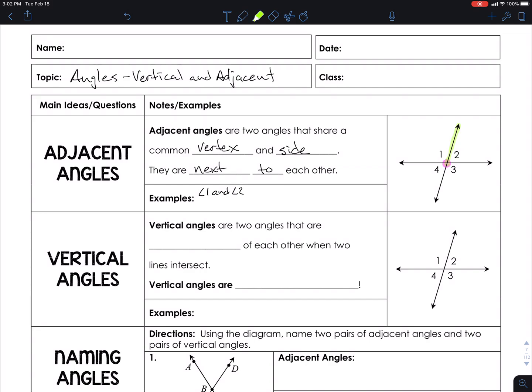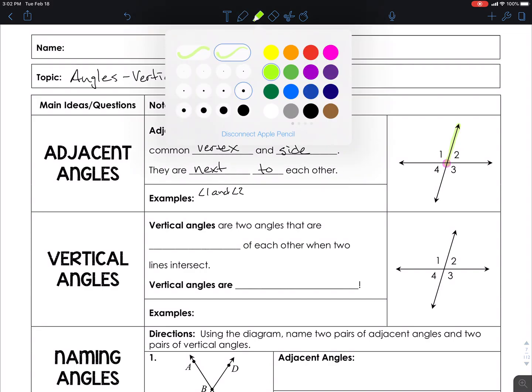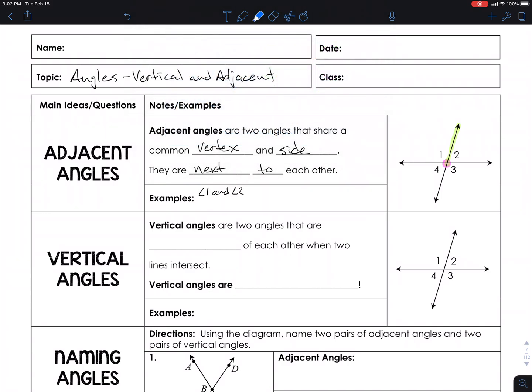Let's look for a couple more. I think there's 4 pairs on here. So then we have that side. So 2 and 3 share that side. So angle 2 and angle 3 are adjacent. Let's look for another one. Right here, angle 3 and 4 share that side. They're next to each other.